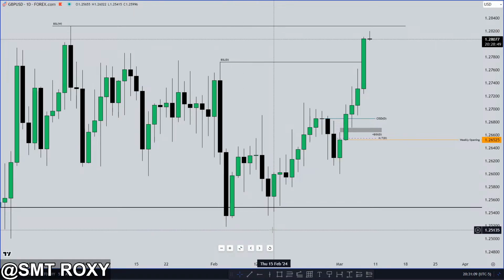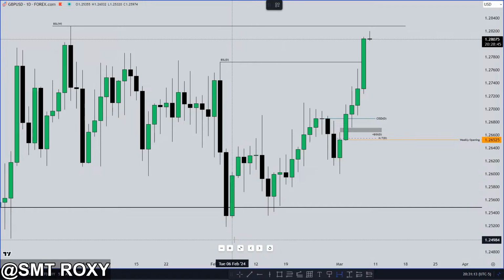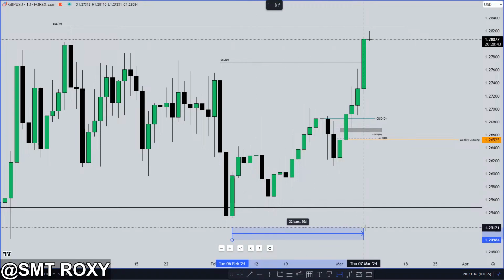Even here, how long did it take to break above that high? It took 22 bars, 21 days, basically like 5 weeks to get past that high and get out of that range.